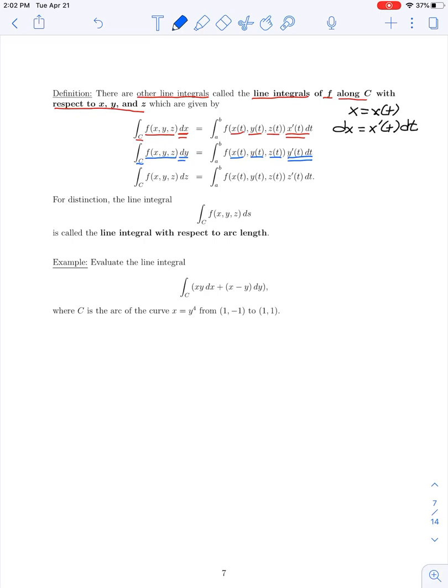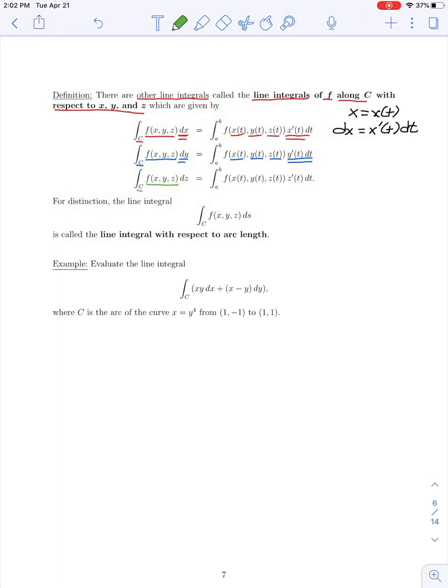This would be the line integral with respect to y. And then lastly, we could define the line integral of our function over the curve C with respect to z as an integral in terms of the parameter t, where x, y, and z are replaced by the parametric equations for x, y, and z, and then the differential of z is replaced by z prime of t dt.